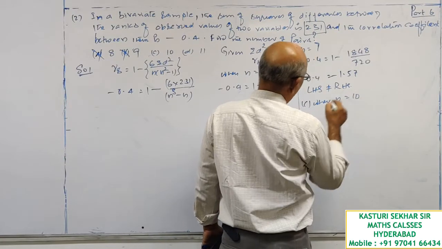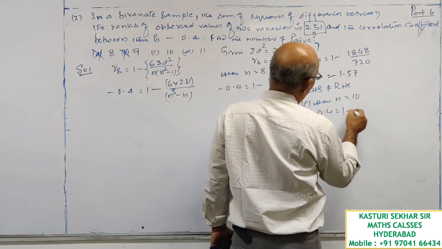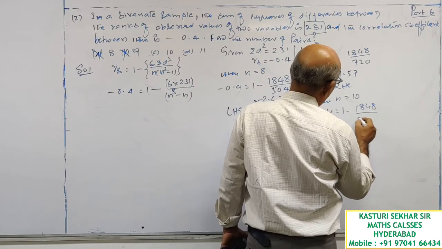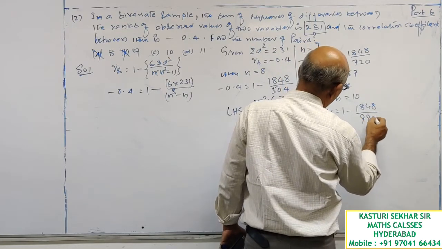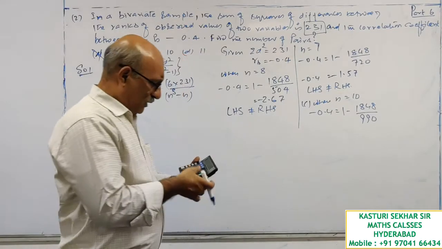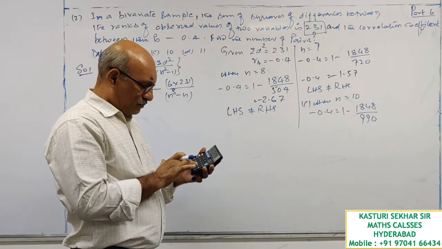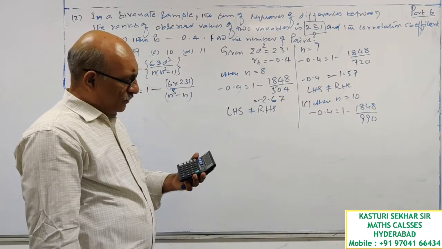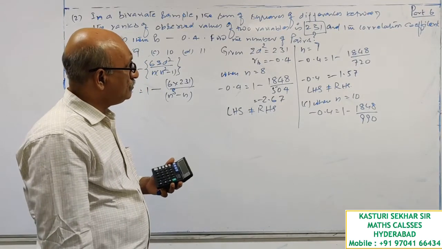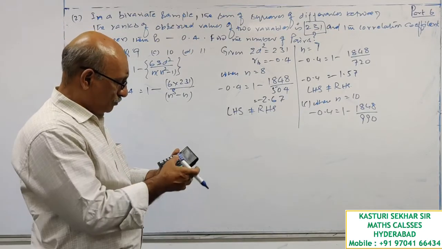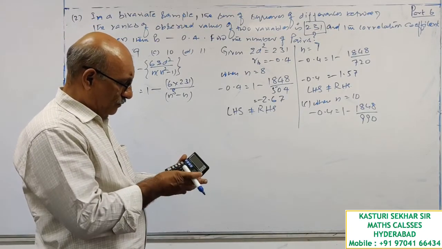When n is equal to 10, minus 0.4 is 1 minus 1848 divided by 990.